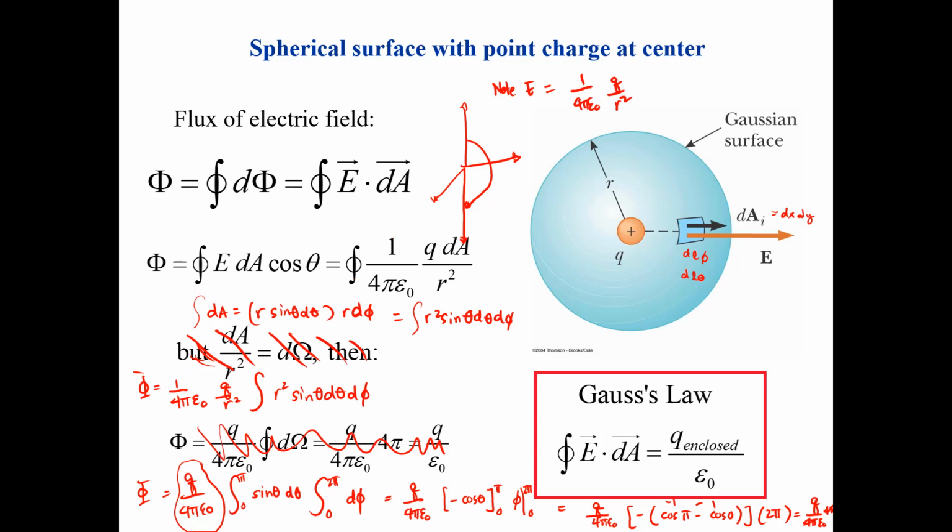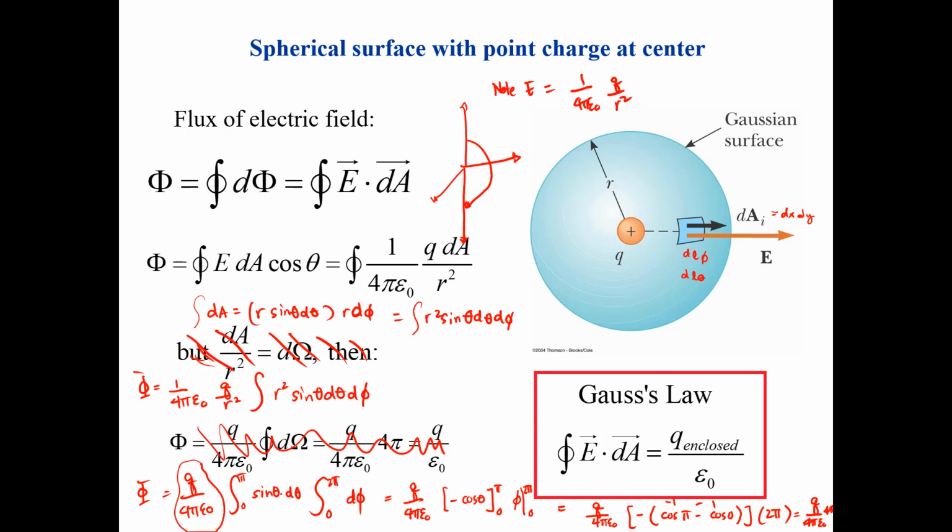And then q is a constant. r squared is also a constant. So you have here the integral of r squared sine theta d theta d phi. And this is a double integral with respect to phi and with respect to theta. So you have this one. This r squared actually cancels out. So you have q over 4 pi epsilon naught.